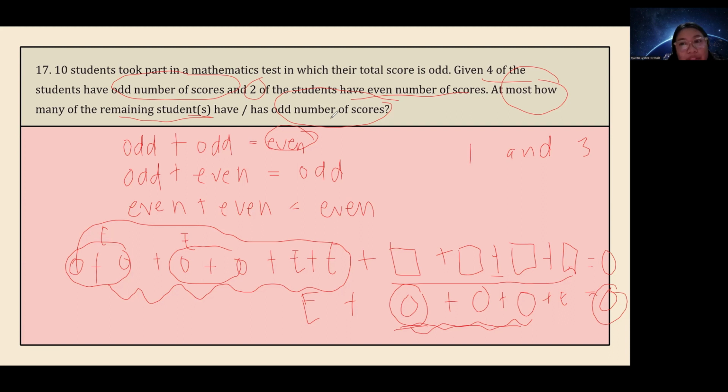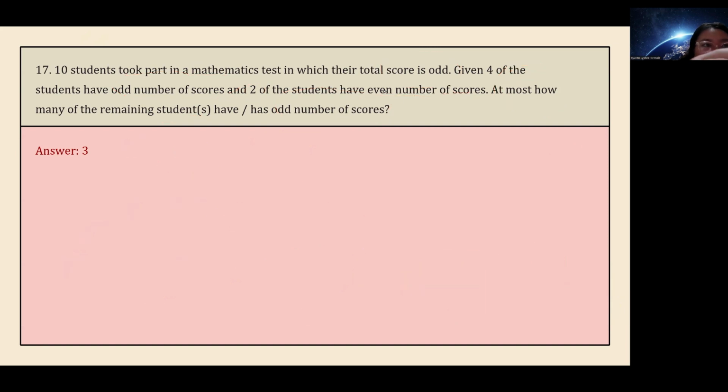And again, the question is asking at most. So the maximum. So we could have 3 odd scores for the remaining students. To satisfy that the total score is still odd, we need to have three odd number of scores. Okay, so that is it for this number. Again, the correct answer is 3.